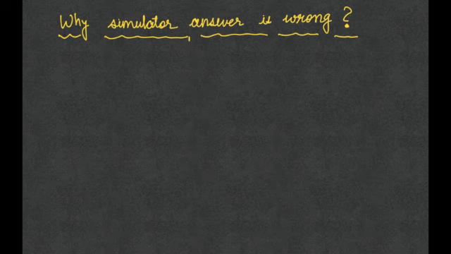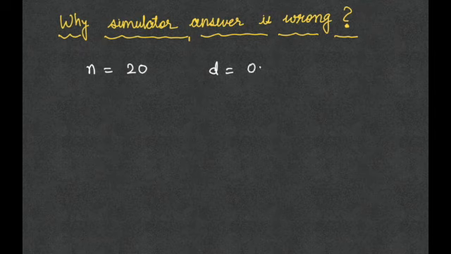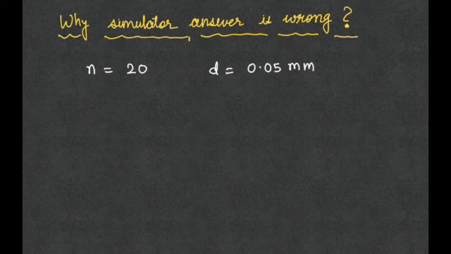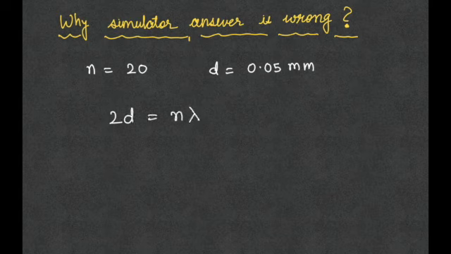In the simulation, we got D as 0.05 millimeters for a change of 20 orders at the center. And we know the equation for change of order in Michelson at the center is given by 2D equal to n lambda, where D is the separation between the mirrors, which we got as 0.05 millimeters, for an order change in the center of 20.